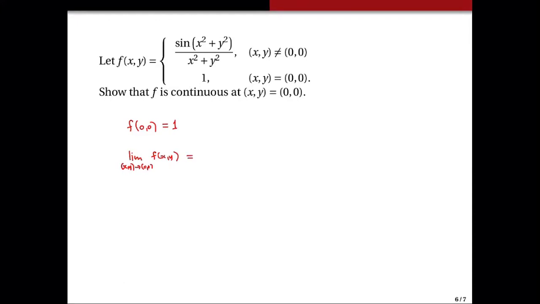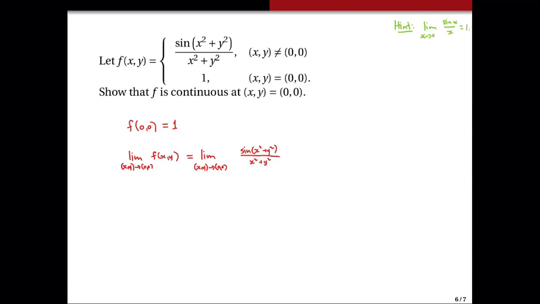Based on the piecewise definition, we have the limit as the point (x, y) goes to (0, 0) of sine of x squared plus y squared over x squared plus y squared. If you remember the following, this could give you a hint: the limit as x goes to 0 of sine x over x is equal to 1.